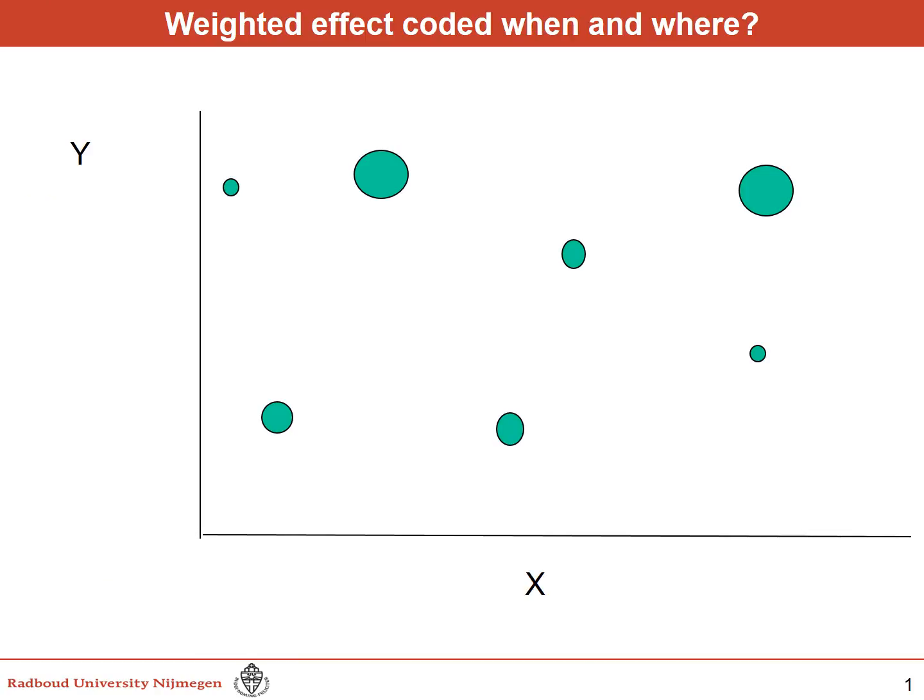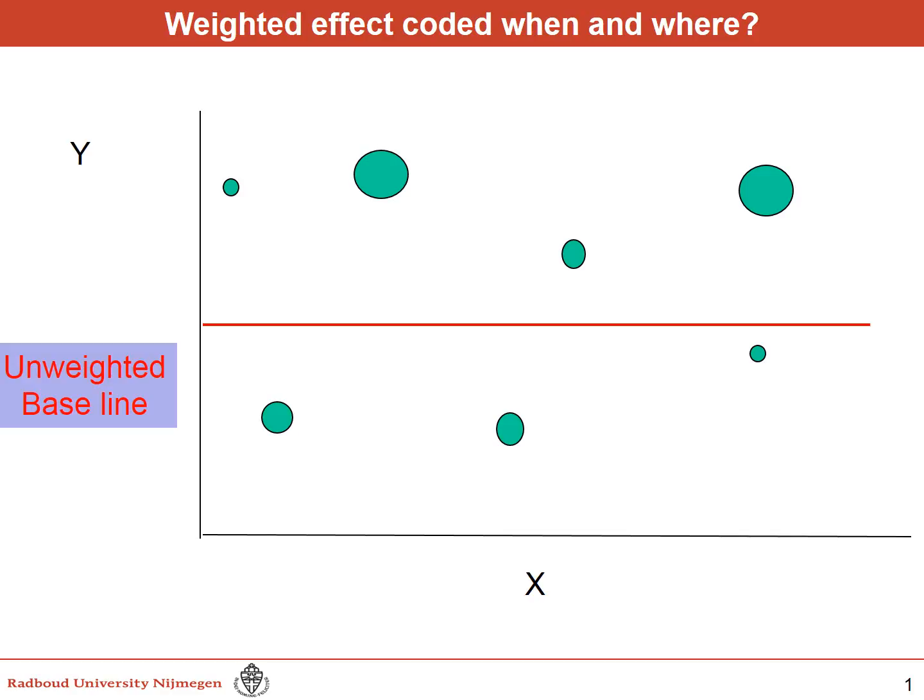To end this presentation, I thought it would be nice to give you a graphical presentation of the whole problem. We have over here one categorical variable, and we have some seven categories of that variable, and I showed them as a circle, and the larger the circle is, the more observations that particular category has.